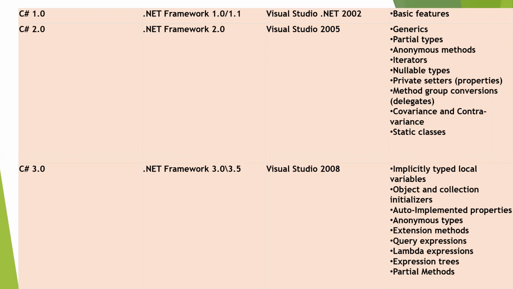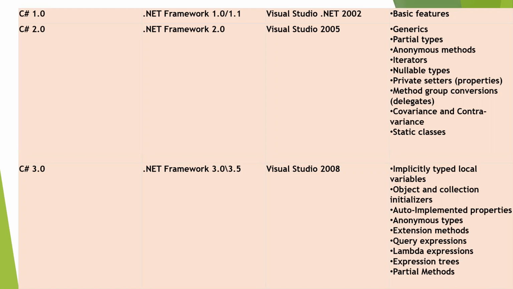Okay, if you look at the history of the C Sharp language, it initially started with .NET Framework 1.0. It was introduced and released in the market in 2002, with some basic features like data types, CLS and CTS, and some namespaces and conversion types.